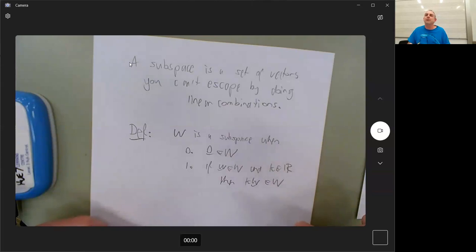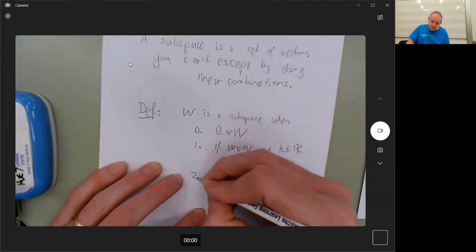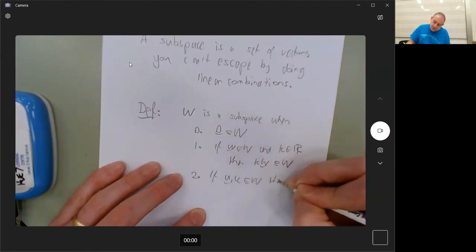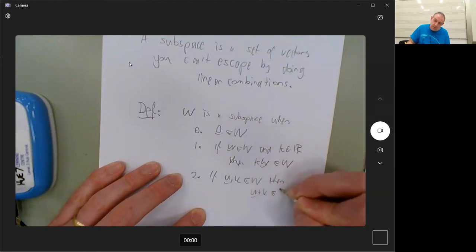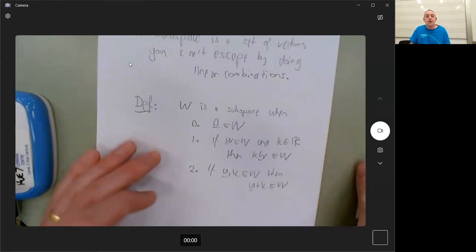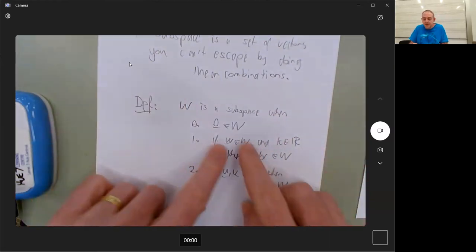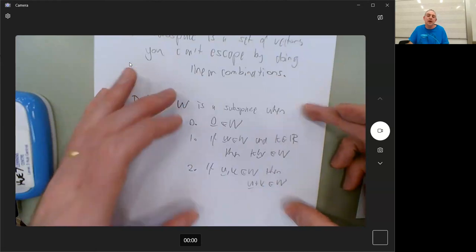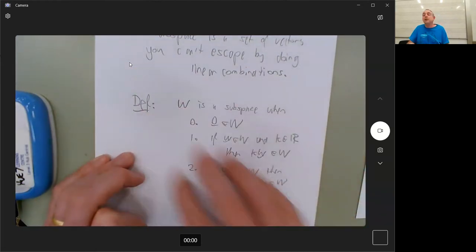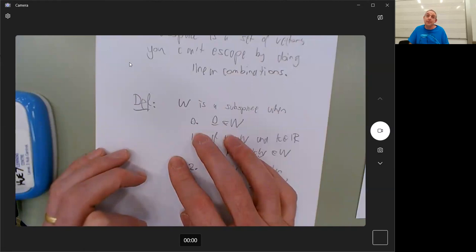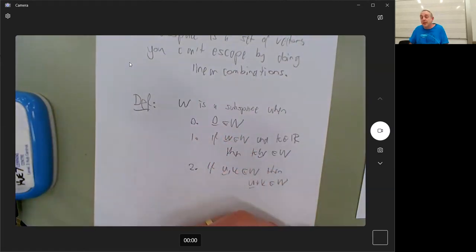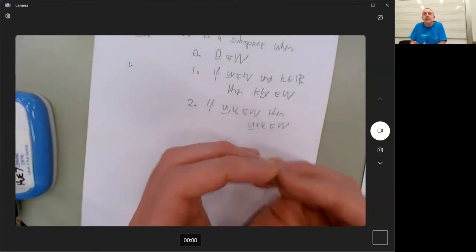You go, there aren't any of those, David. So, okay, yeah, there has to be something in there. And 2, if U and V are both in W, then U plus V has to be in W as well. What this means is it's got at least one vector in it, and this means it can't escape by doing linear combinations. And it turns out that the only things that do this are spans of something. And when you want to write it as a span, the list of vectors that you span is the basis.